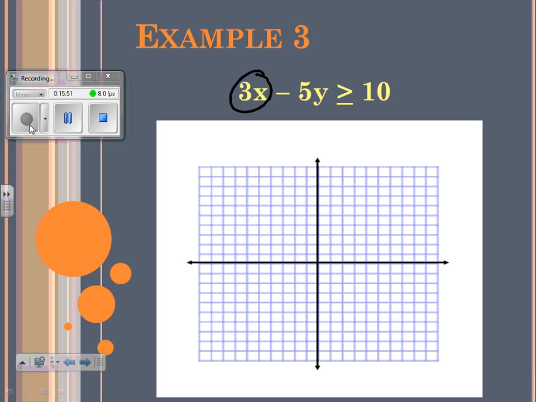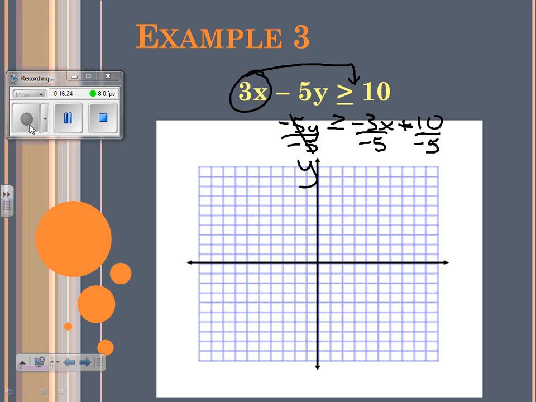Okay, move this over. I'm left with negative 5y is greater than or equal to negative 3x plus 10. Now what? Divide by negative 5. It does say greater than, but why switch it?